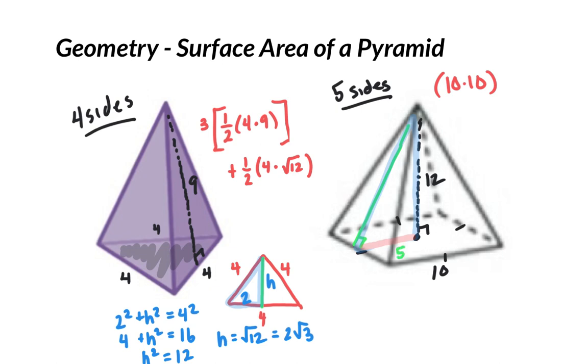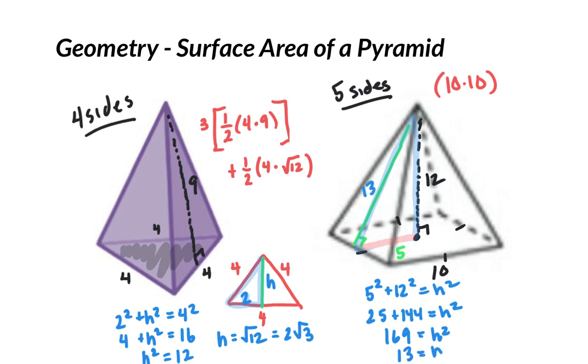So now I could use the Pythagorean theorem to figure out that hypotenuse. Let's say base squared plus height squared equals hypotenuse squared for that triangle cross section. Well, 25 plus 144 is 169 equals hypotenuse squared. The square root of 169 is 13.